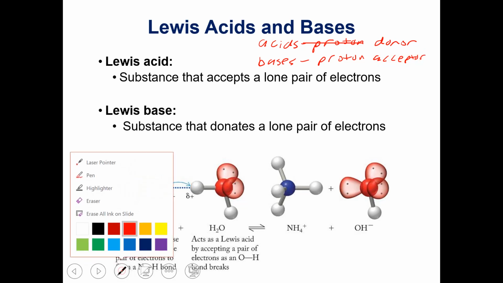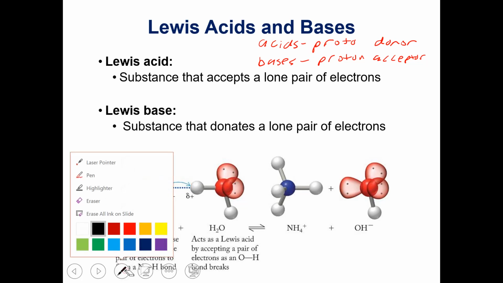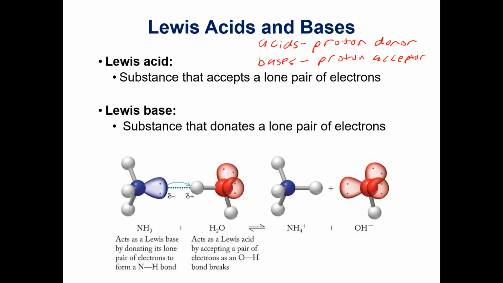Well, another way that we can define acids and bases is the Lewis definition. So the Lewis definition focuses on electrons rather than protons. So a Lewis acid is defined as something that accepts electrons, and a Lewis base is defined as something that donates electrons.